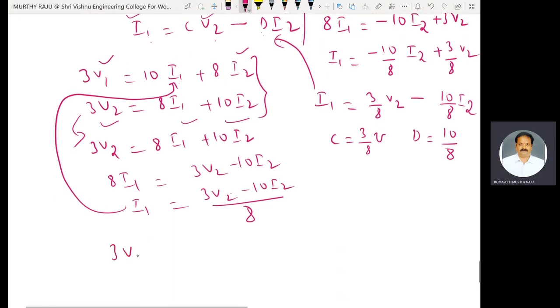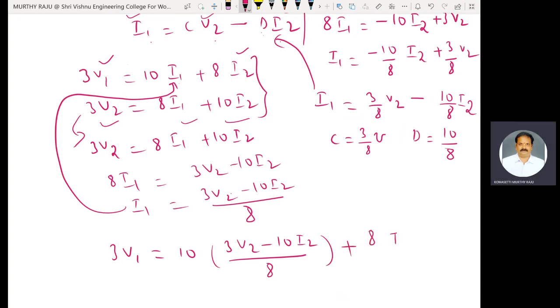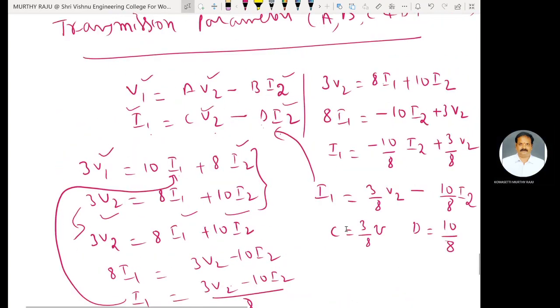Now 3V1 is equal to 10 into (3V2 minus 10 I2 by 8) plus 8 I2.